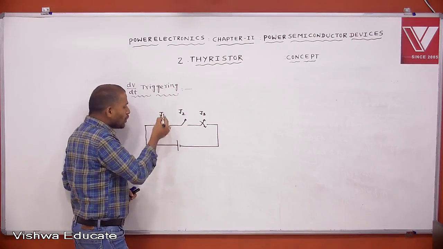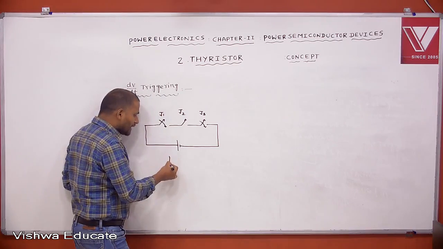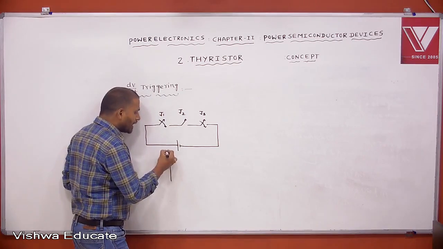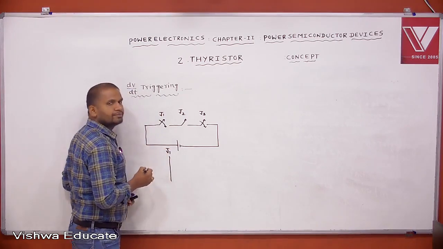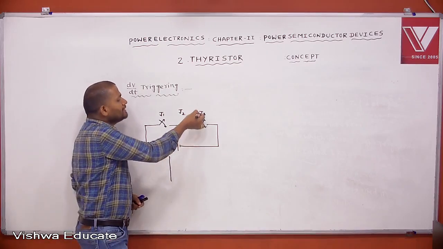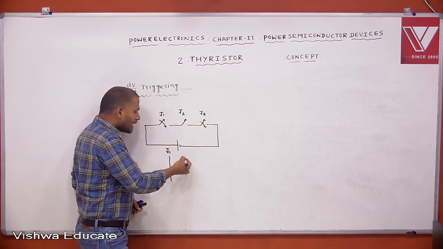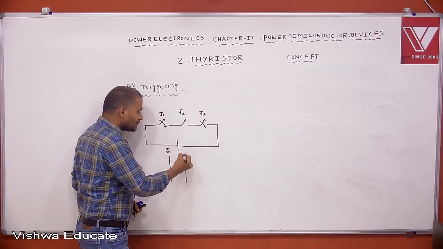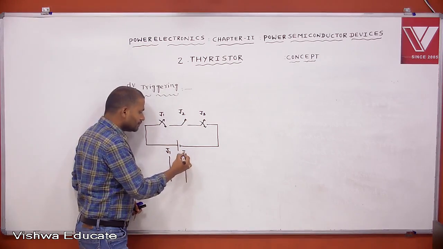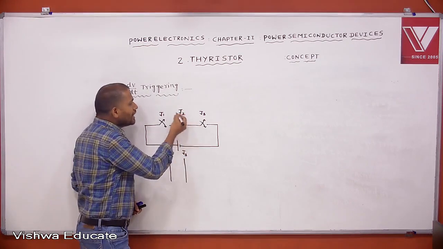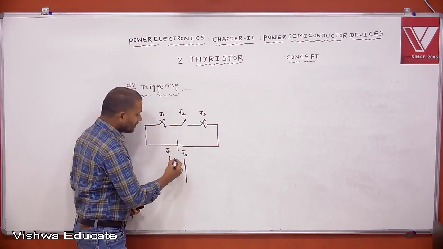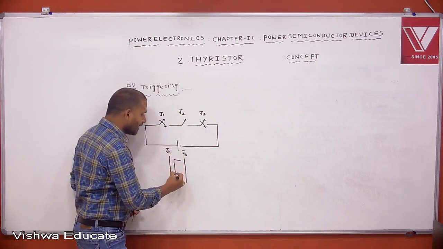J1 junction is closed means it acts as one conducting medium, a conducting plate. J3 junction is closed means it acts as another conducting plate. J2 junction is open means it acts as one dielectric medium.